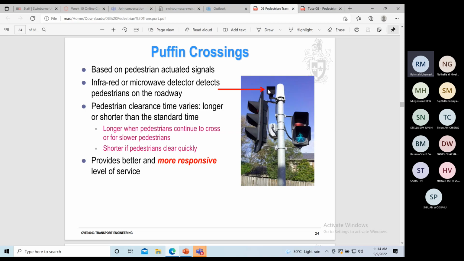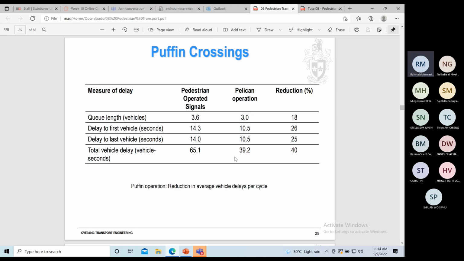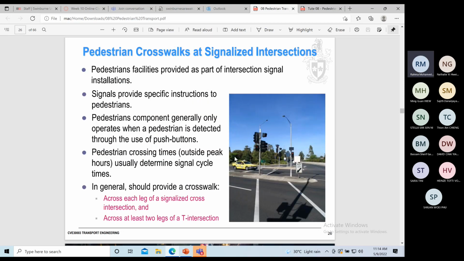And if it detects fewer pedestrians, then the green man can flash for a shorter period of time. So it's more responsive than the pelican crossing and the other pedestrian actuated signals. You can go through this on your own.